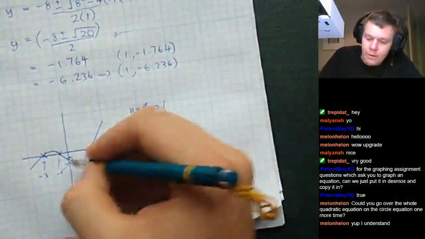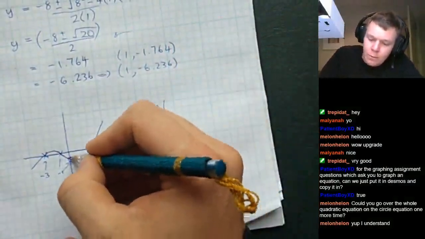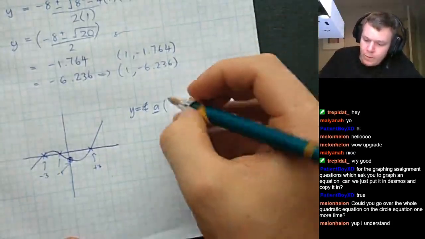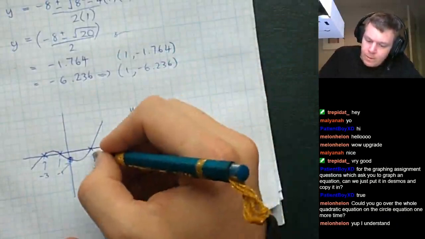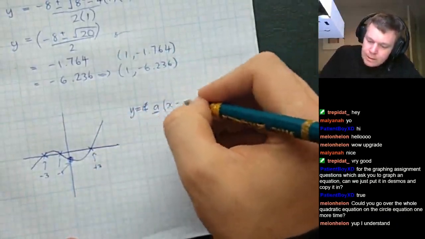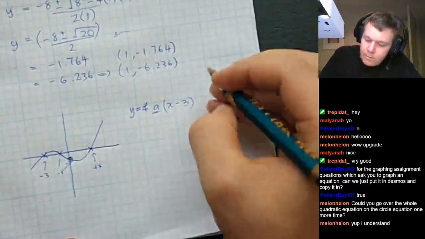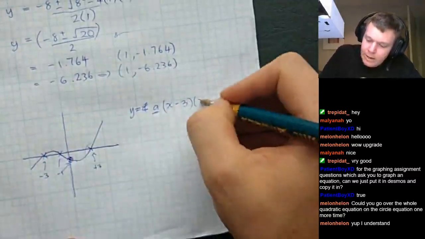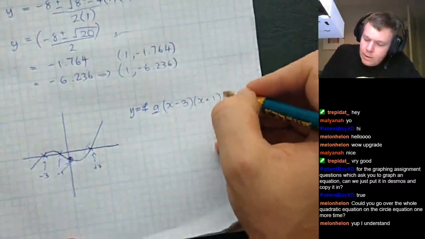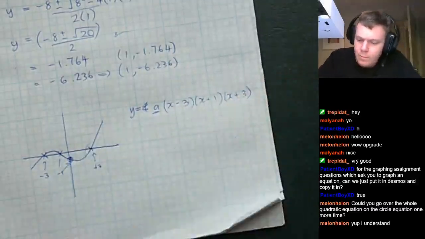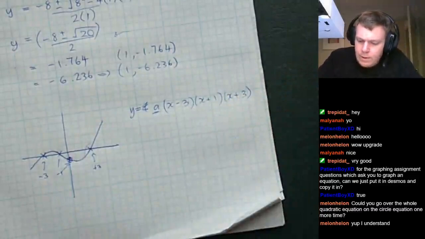We don't know what that is, but we're going to use that point where it crosses the y-axis to determine that. So for this first one, we've got x -3. That was for that intersection. And then we've got x +1, and then x +3.